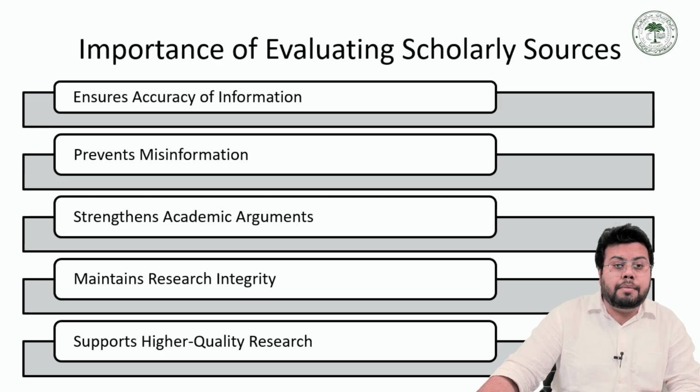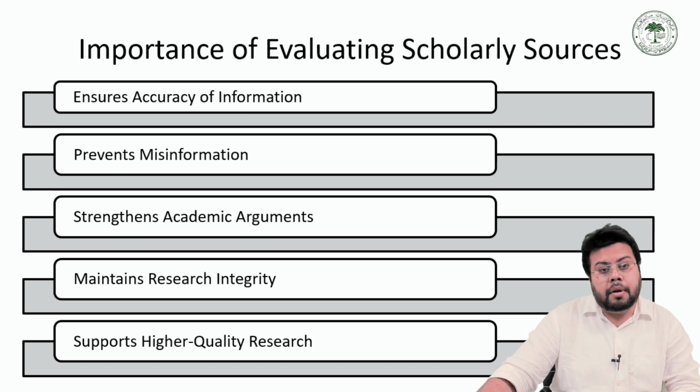It also prevents misinformation. The online environment includes blogs, opinion pieces, commercial websites, and content that may not undergo scholarly review. Without evaluation, researchers may unknowingly use unreliable material. Careful source assessment protects against misinformation.